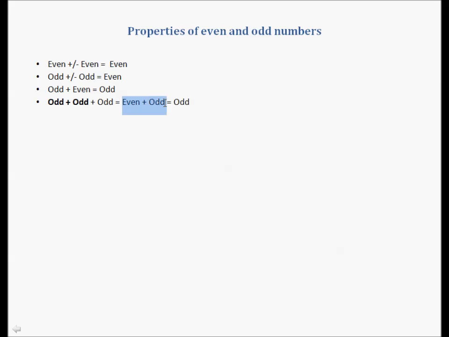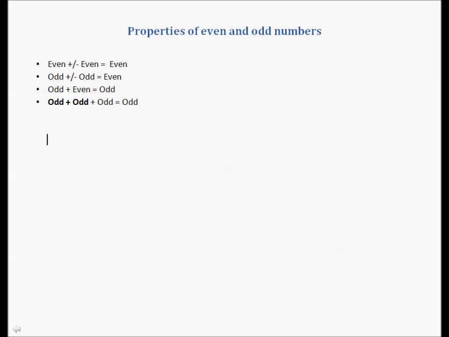So sum of 3 odd numbers would be odd. Sum of 4 odd numbers would be even. Sum of 5 odd numbers would be odd. So sum of an odd number of odd numbers will always be odd, whereas sum of an even number of odd numbers would always be even.